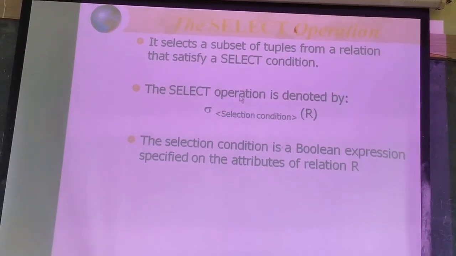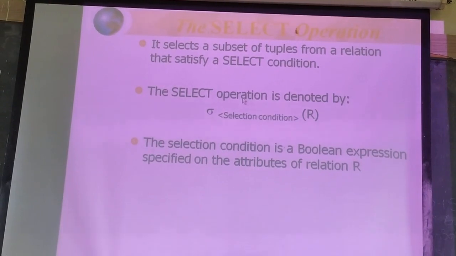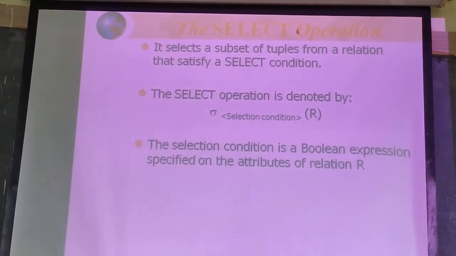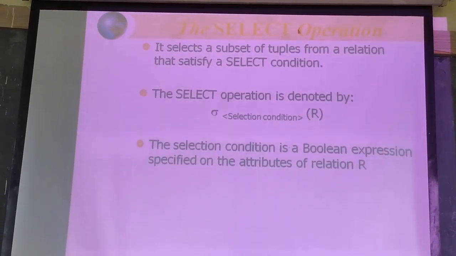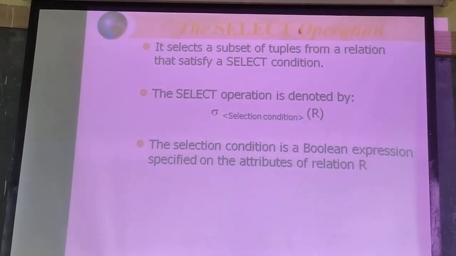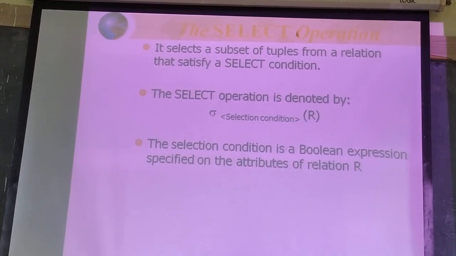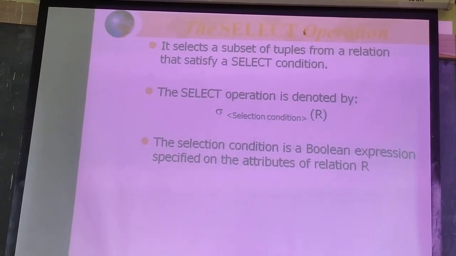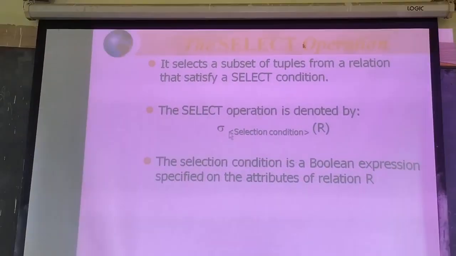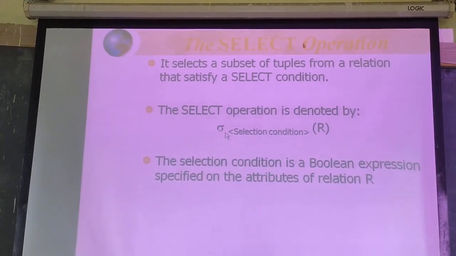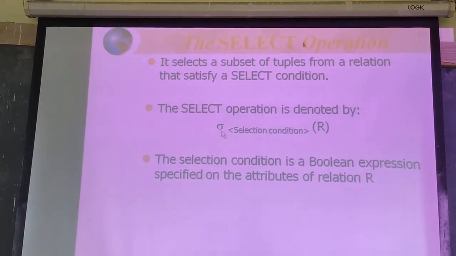The specialty in relational algebra operations is that the result from the existing relation becomes a subset of the main relation. In relational algebra expressions, the selection operation is denoted by the symbol sigma.